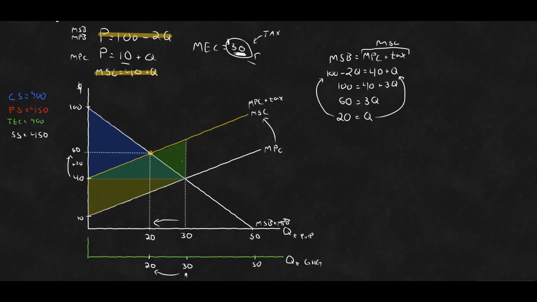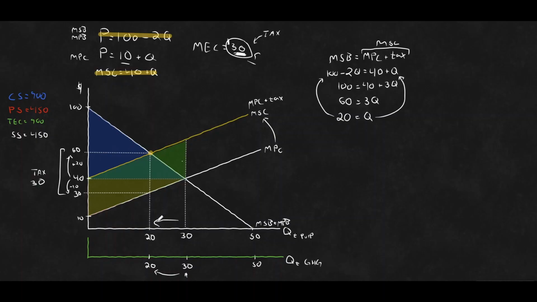Well, the other $10 is ultimately paid for by the producer, with them having a lower price. Their new price will fall down to 30, such that they receive $10 fewer. The difference between the price you and I pay and the price the producers receive is our tax, which would be that $30 per ton.